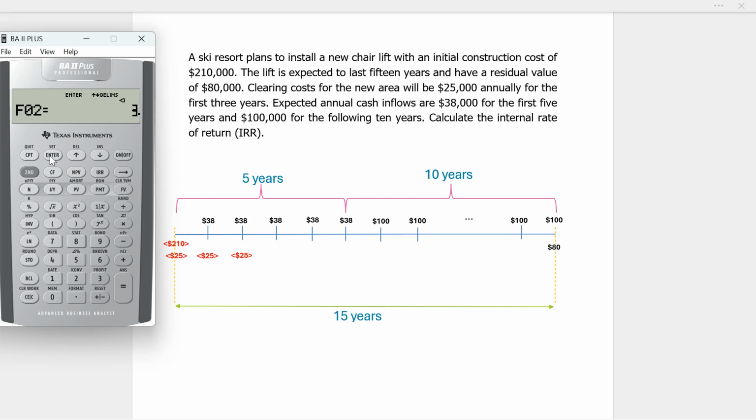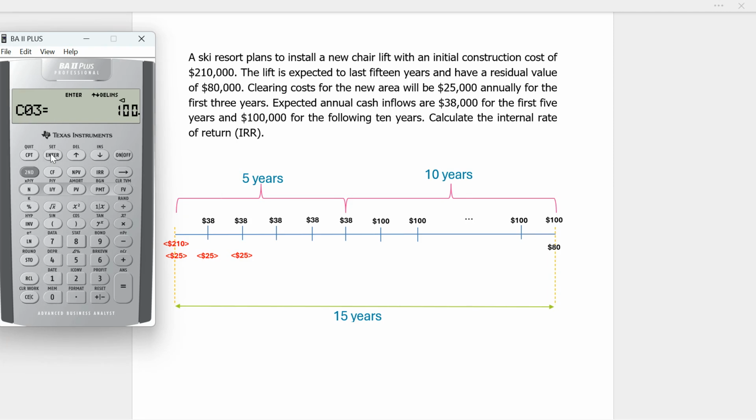What happens after 5 years? After 5 years, returns of $100,000 start. So I go down and change C03 to 100.